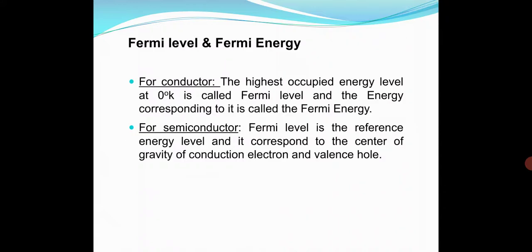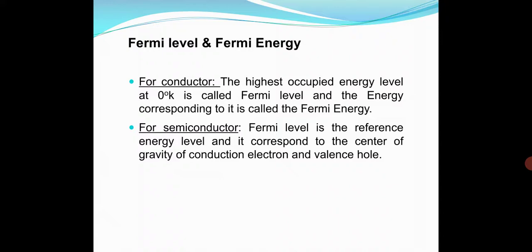Now what are the Fermi level and Fermi energy? For a conductor, the highest occupied energy level at 0 degrees Kelvin is called the Fermi level, and the energy corresponding to it is called the Fermi energy.